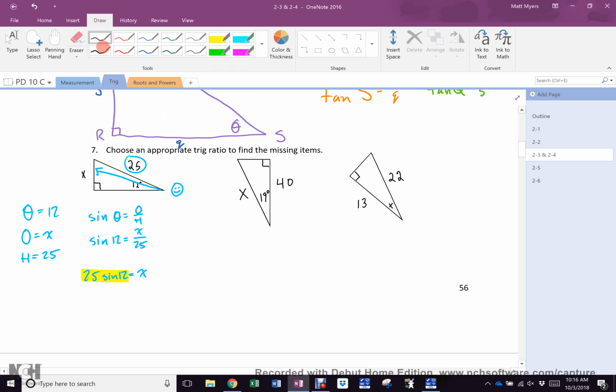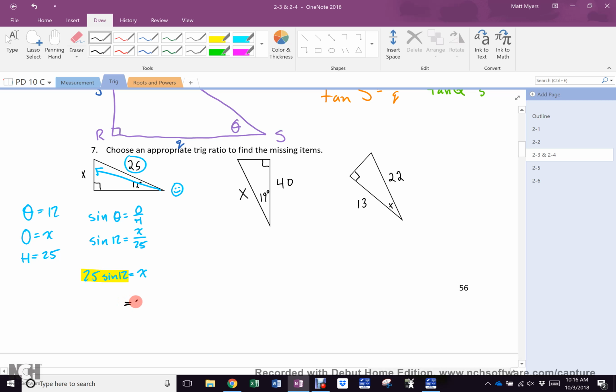It depends on your calculator, right? That's why I'm not writing it out. You need to know what your machine does to do that. Some of you, it is 12 sine times 25. Some of you, it is 25 times sine 12. Some of you will want to push sine 12 times 25. I can't tell you what to push. You need to know what your machine is.